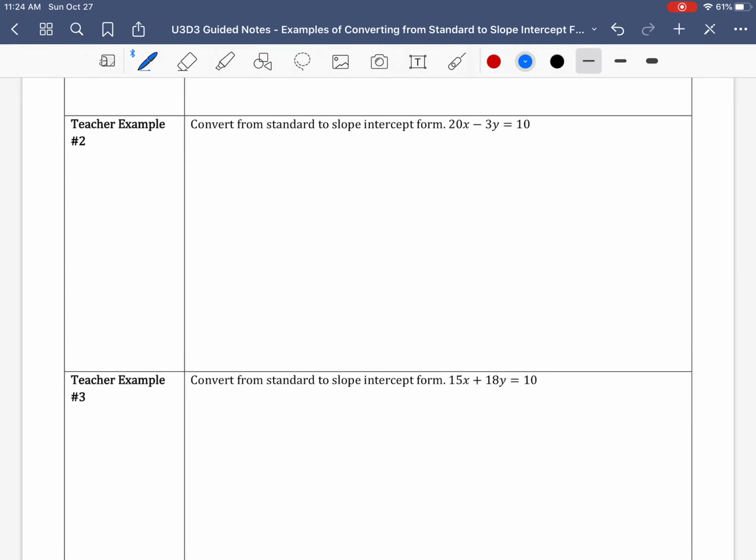Our second example again asks us to convert from standard to slope-intercept form. Our equation is 20x minus 3y equals 10. So again, our first step is going to be to isolate our y by doing the inverse of 20x. The inverse is to subtract 20x to both sides.